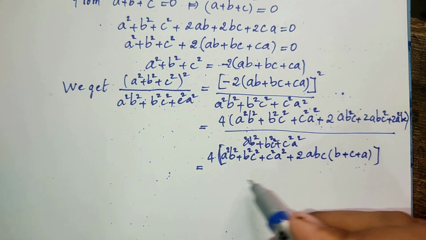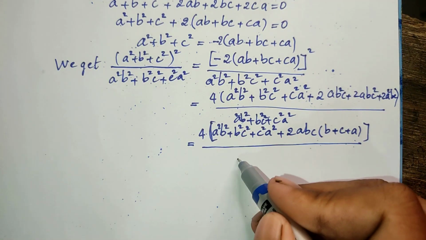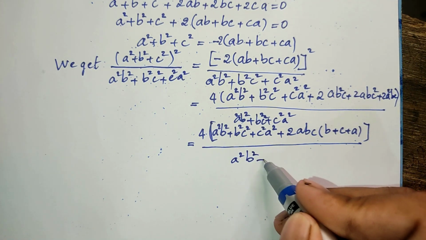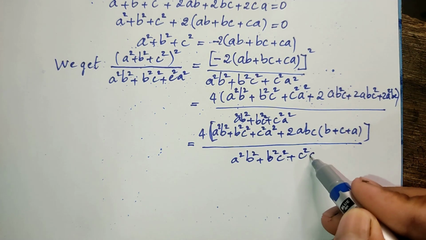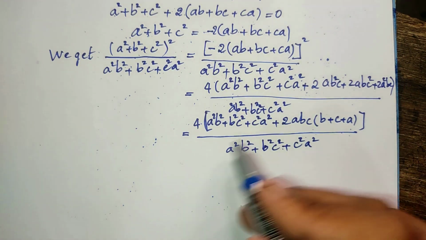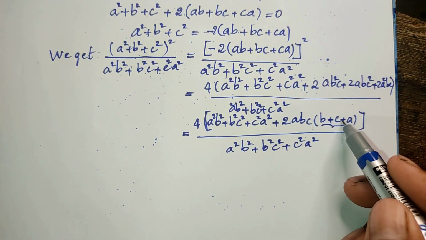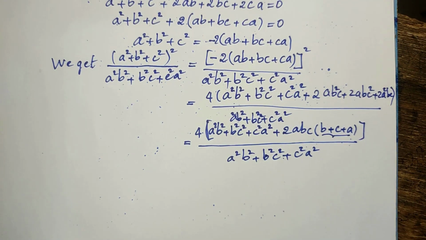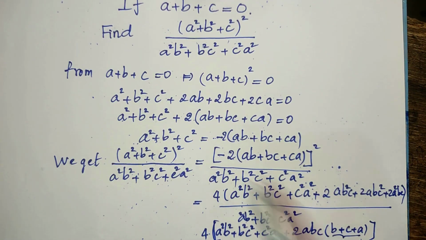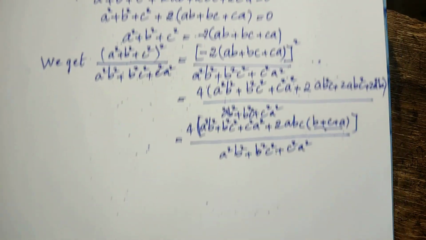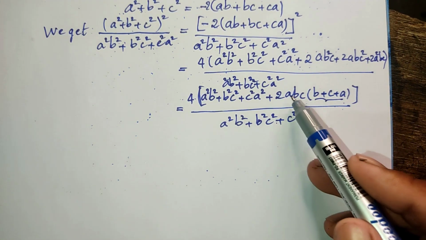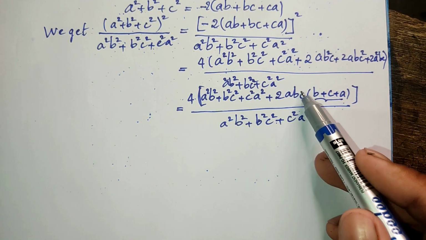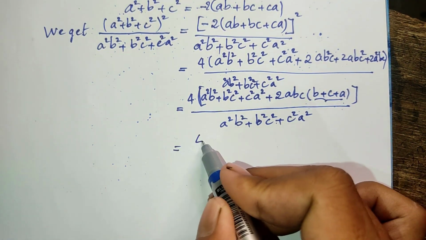Now divide by A squared B squared plus B squared C squared plus C squared A squared. And we see this is A plus B plus C. We know that A plus B plus C is equal to 0, so we replace it by 0, and 0 multiplied by this gives 0. So now this equals 4.